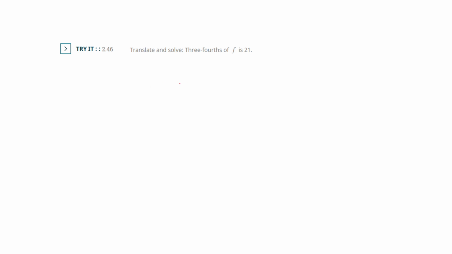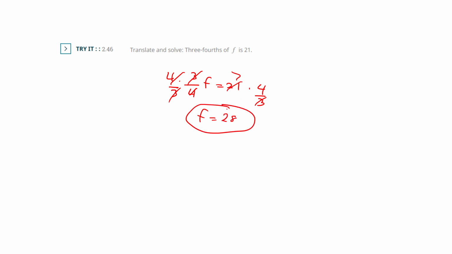Okay, I'd love it if you try it yourself, but this is pretty easy. You may already have it. 3/4 of f is 21. I'm going to multiply both sides by 4/3. Cancel, cancel, cancel, cancel. So f is, that reduces, 28.